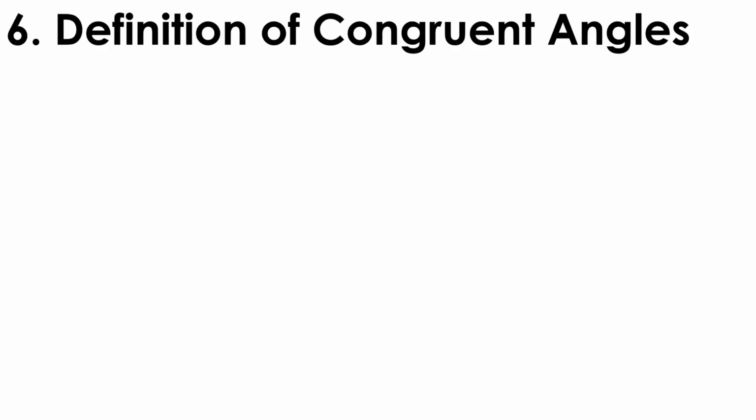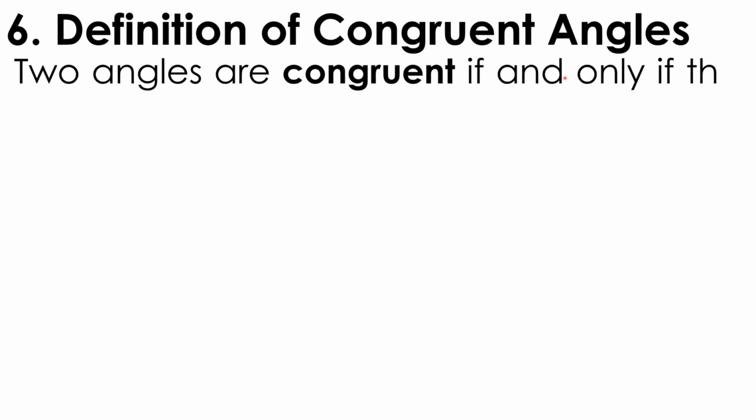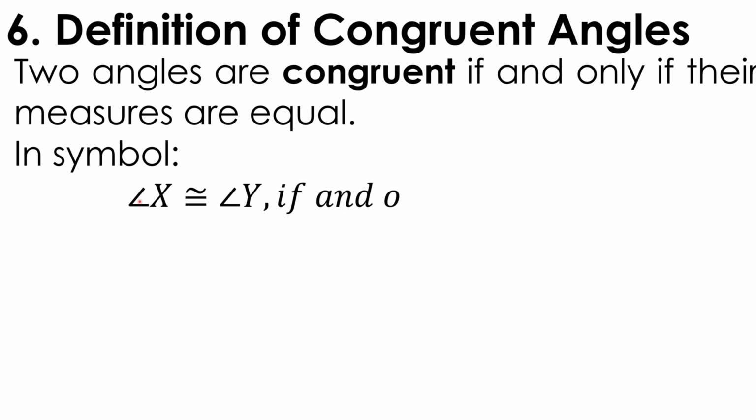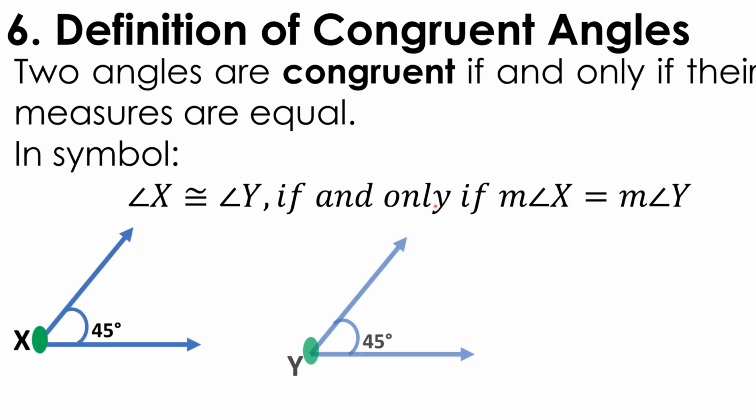Now let's proceed to the sixth definition. We have here the definition of congruent angles. Two angles are congruent if and only if their measures are equal. In symbol, angle X is congruent to angle Y if and only if the measurement of angle X is equal to the measurement of angle Y. So in the figure, we have here two angles.